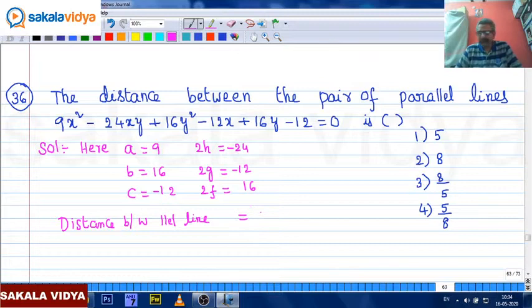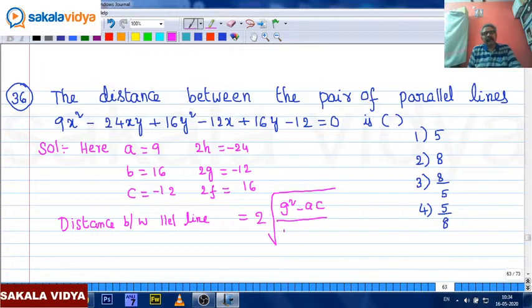Distance between the parallel lines is 2 root of g square minus ac by a into a plus b. This is the formula. Am I correct now?